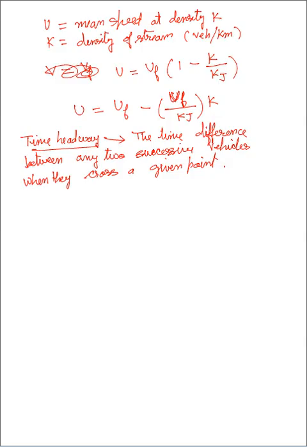Now the formula for average time headway, denoted by h average. H average is equal to 1 upon small q. This is in hours, and if I want to convert it into seconds, multiply 60 into 60, that is 3600 divided by q.